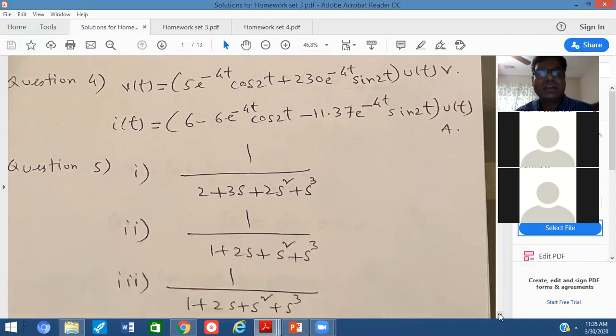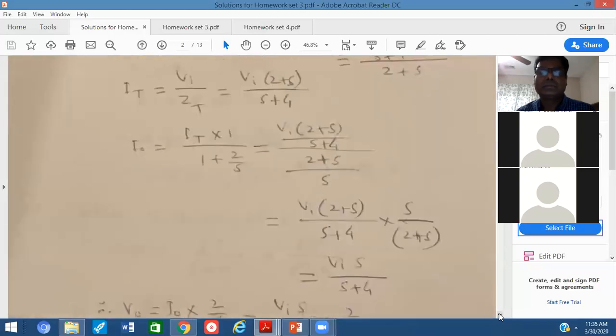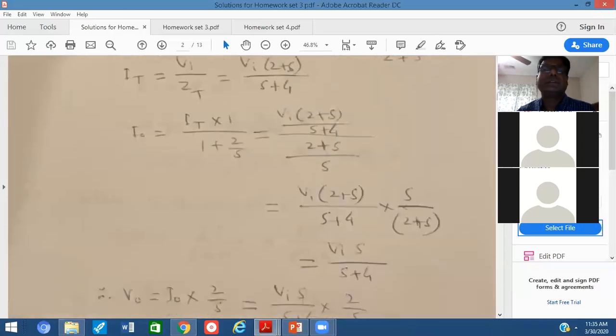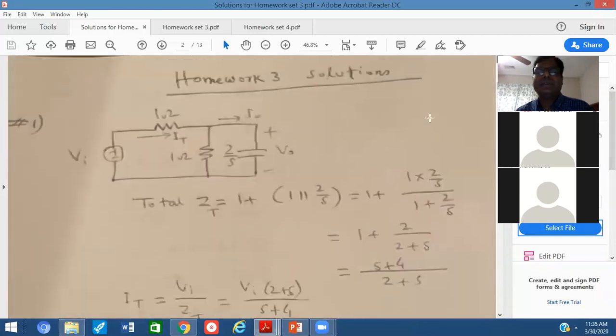Okay, so now for the solution, everybody see. I am working out the solution for the first problem. As you see, you have to calculate the voltage on the right side. First I have converted into the Laplace domain. There was a capacitor, which becomes 2 over S. First I am calculating the total impedance.